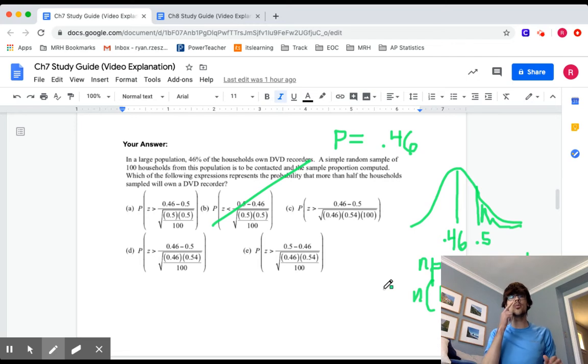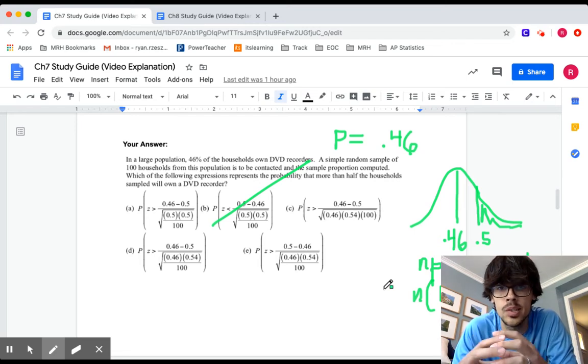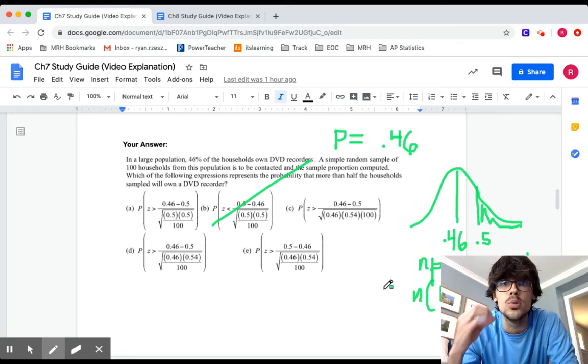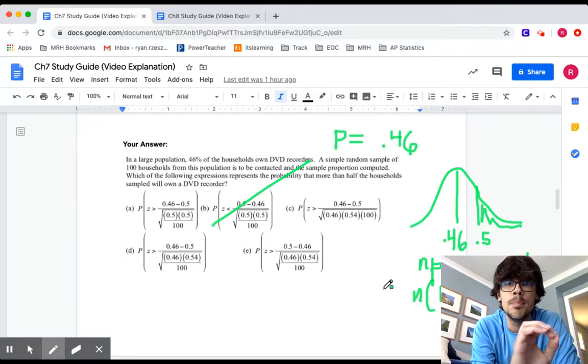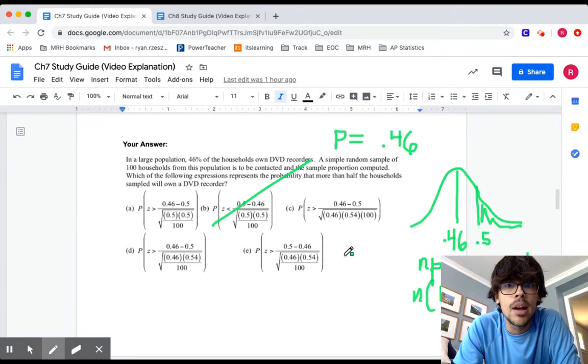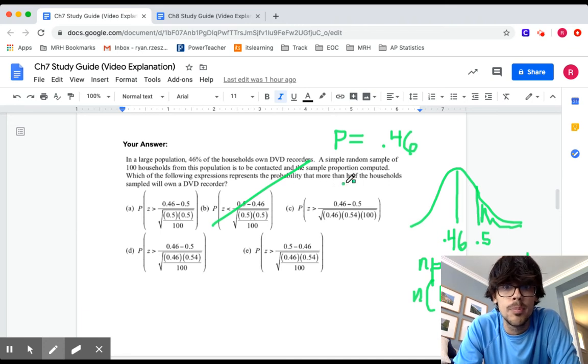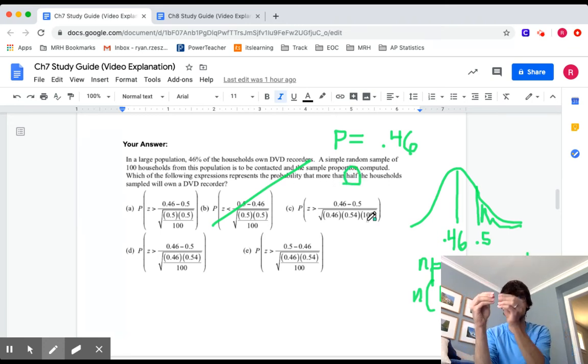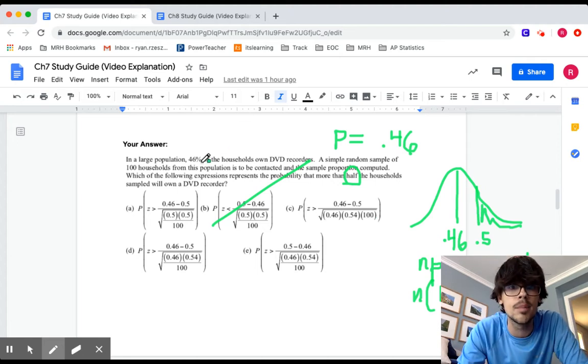And inside the formula, you're going to have your z-score setup. Z-score setup goes value minus mean up top. My value in the problem is the value that we're trying to find the probability of, which is the half or the 0.5. So it needs to go 0.5 minus the mean of my sampling distribution, which is the real answer, 0.46.